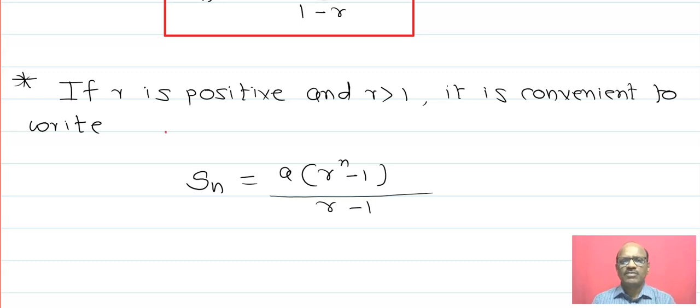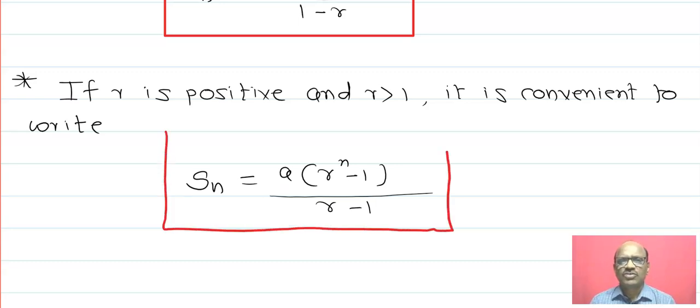This is the formula for the sum of the geometric progression when we have values of r which are less than 1 and greater than 1.